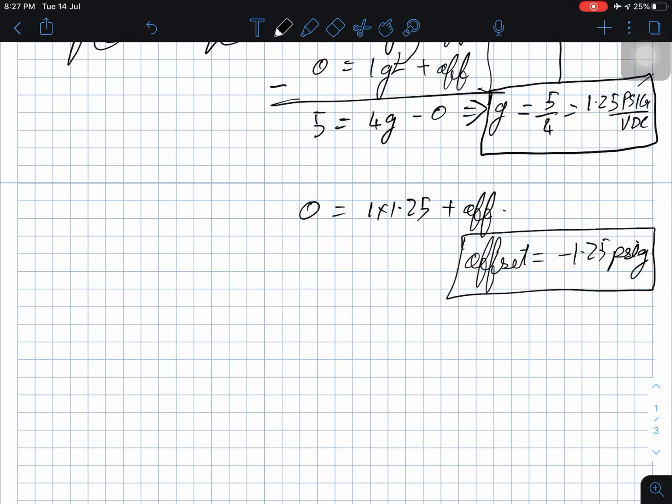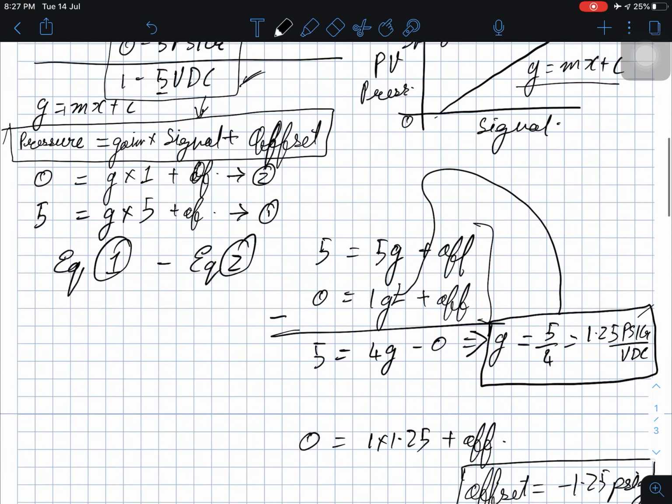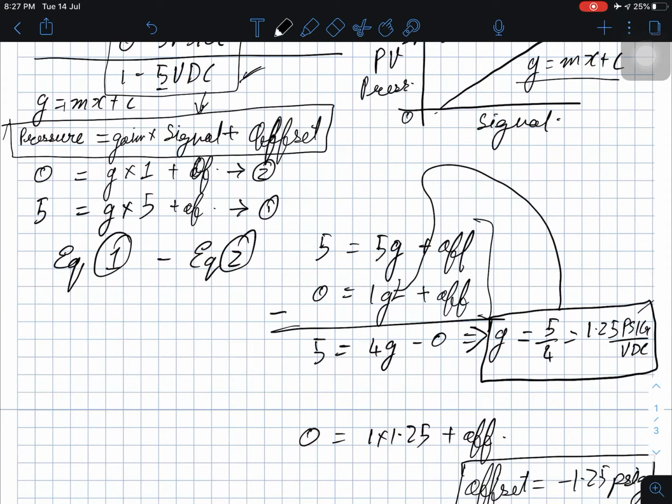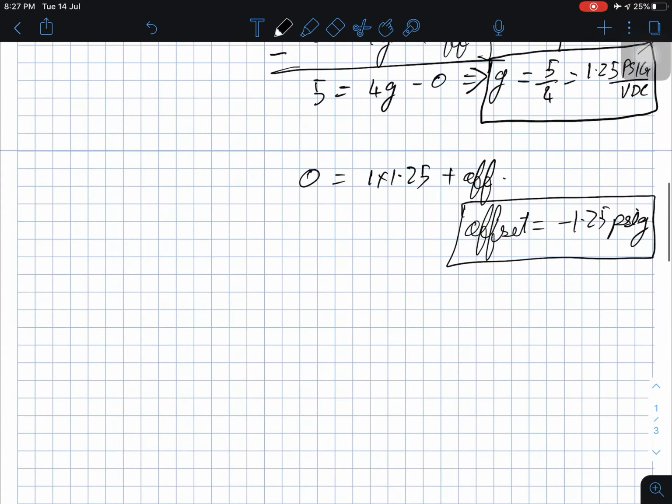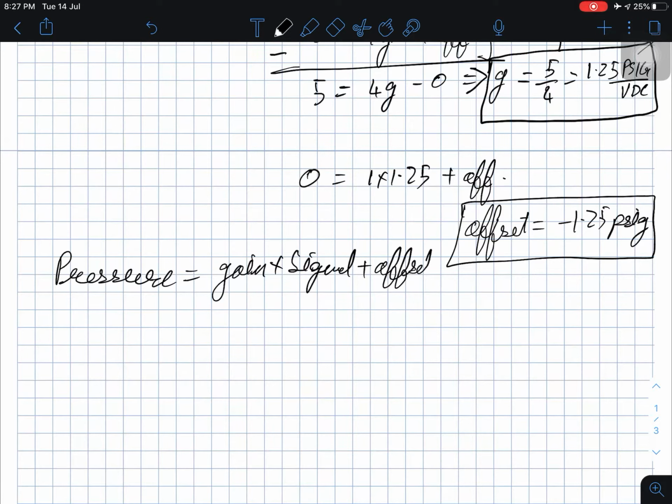Once we have these two values, it's very easy to use the equation of a linear instrument and predict the pressure at any value. So as we know from here, pressure is gain multiplied by signal plus offset. So we can write down pressure is equal to gain into signal plus offset.